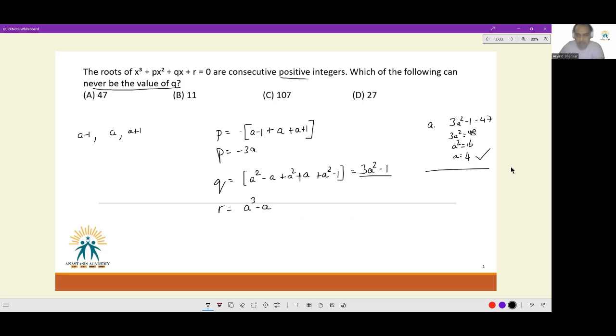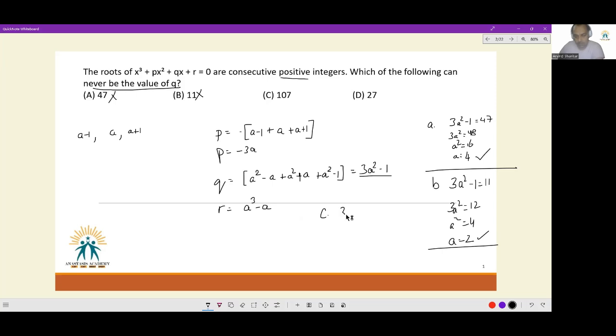So this is an acceptable case, which means this cannot be the answer. How about 11? 3a square minus 1 is equal to 11. 3a square is equal to 12. a square is equal to 4, or a is equal to 2. This is also possible. This cannot be the answer.